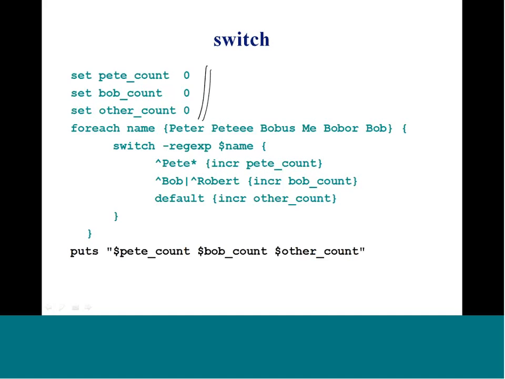So we set these counts to 0, and then for each name, we have a list of names here, and then we say switch, based on the regex of the name. If it matches with Pete as the first character, then we increment the Pete count.